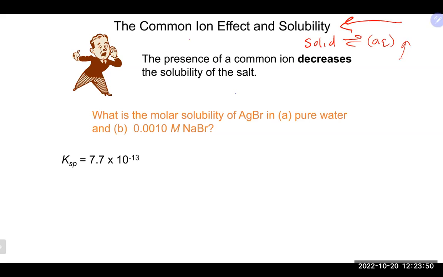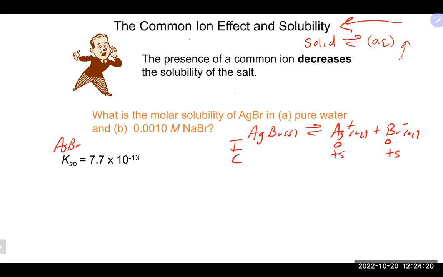So for example, if we look at silver bromide, where this is the KSP for silver bromide. And if we did the solubility of silver bromide in water, we would do our ice table. Initially, again, 0, 0, change plus S, at equilibrium S and S. So this would be just in water.